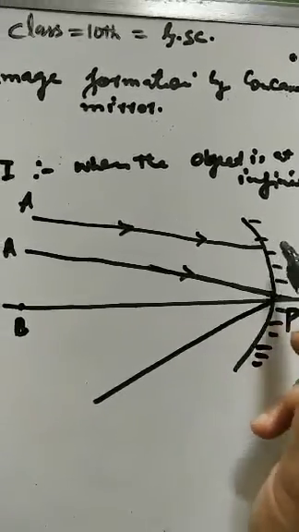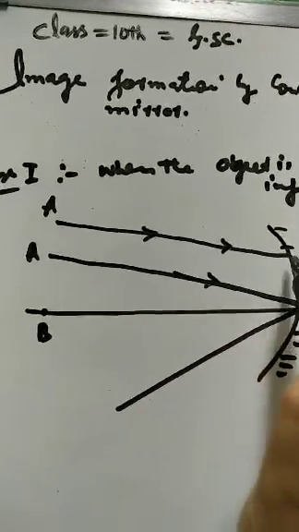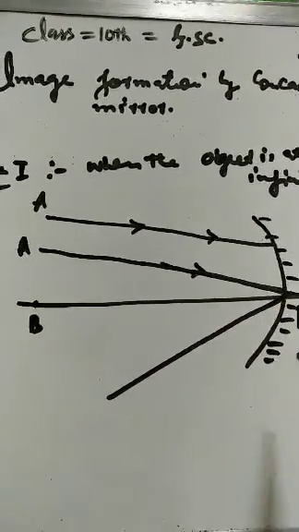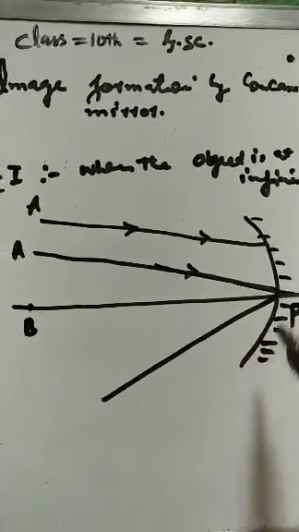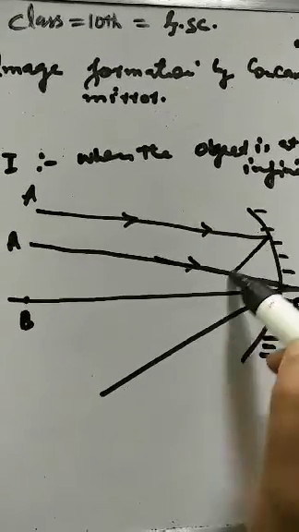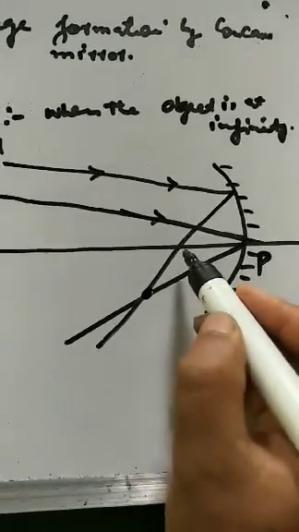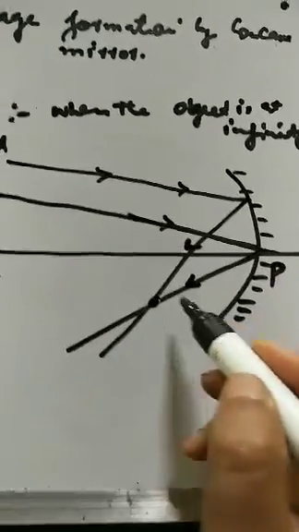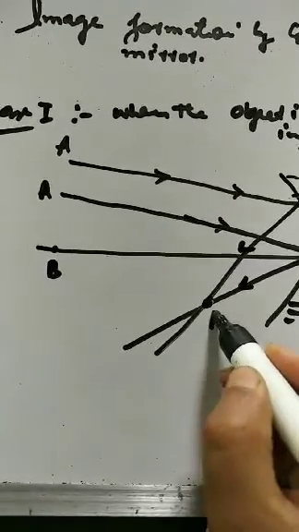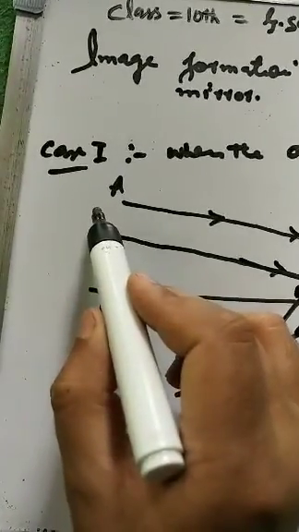The property of a concave mirror is that it converges the rays. So these reflected rays actually meet at a point.